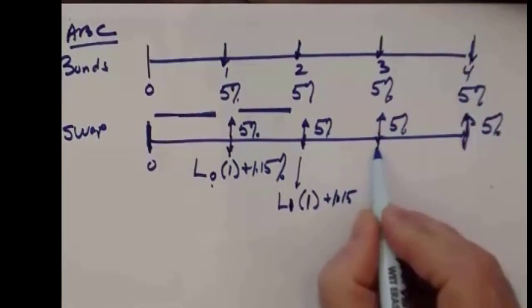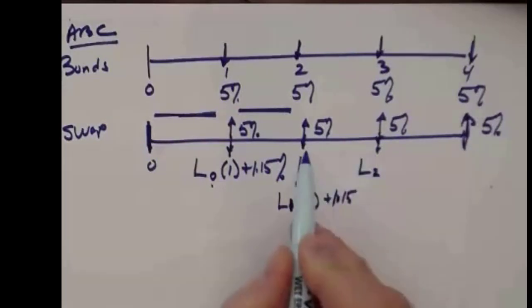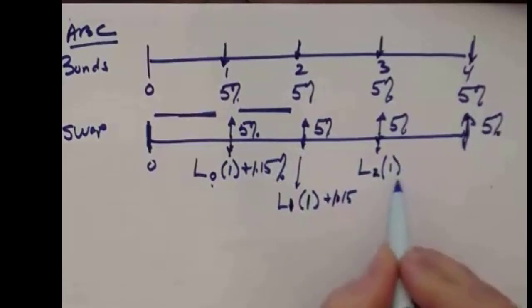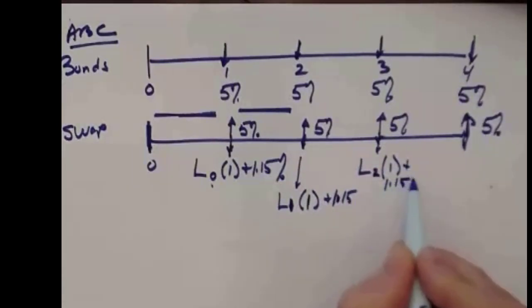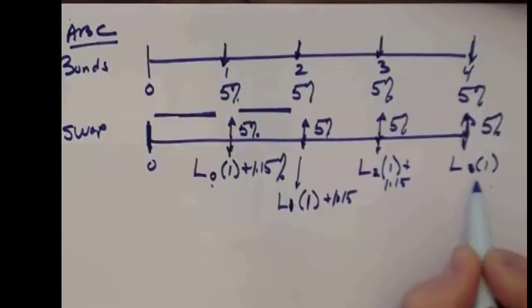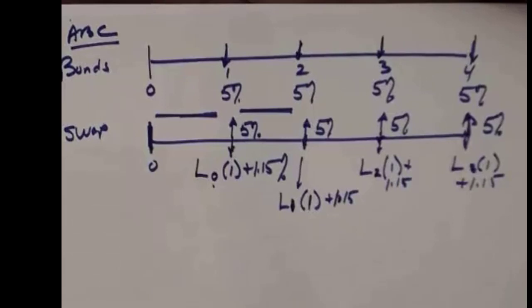And the same thing here, it'll be LIBOR 2, because the rate will be determined at this point. It'll cover a 1-year period plus the 1.15%, and then this will be LIBOR 3 that covers 1 period plus 1.15%. So that's nothing but a timeline of the cash flows associated with the swap.